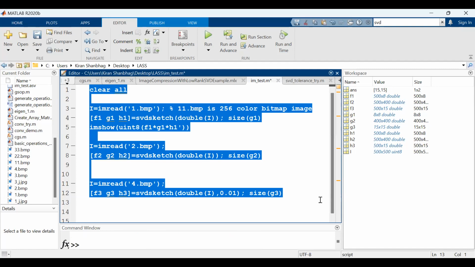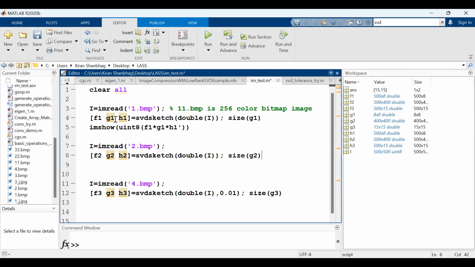Now, did you observe one thing here? G1, G2, and G3 contain the singular value matrices. Observe here, all three bitmap images were 245 KB images.